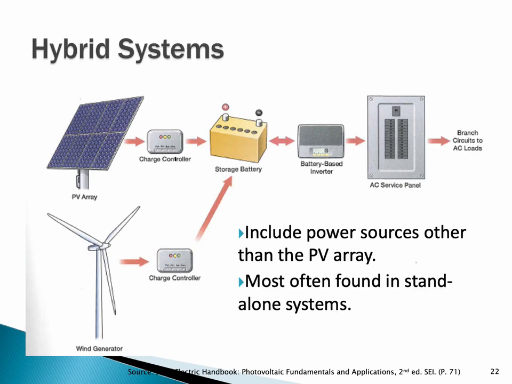In the spring, summer, and early fall, when we have the sun resource, the PV is going to be our primary power source. In the late fall, winter, and early spring, the wind generator is going to be our primary source of electricity.